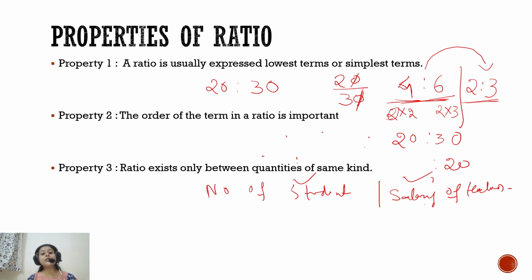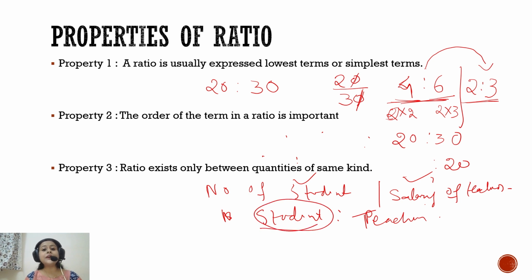You can always calculate the ratio of two quantities, two amounts, which are of the same kind, like boys and girls are students or persons. You can have a ratio between students and teachers, that is valid because both are persons. Students signify a group of human beings, and teachers also represent a group of human beings. But salary of teachers is not a human being, right?